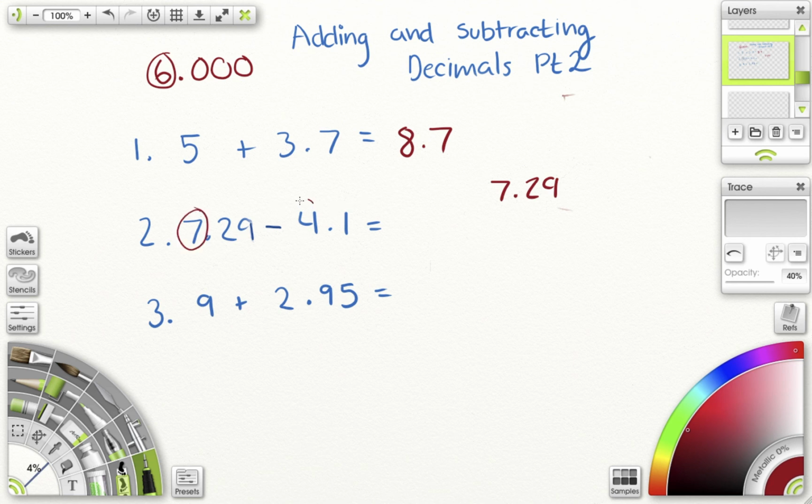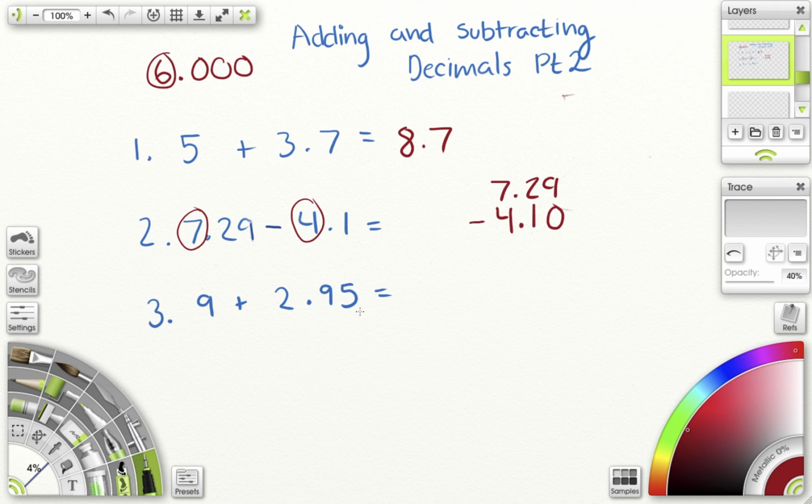So I have 7 and a 4. These are both to the left of those decimal spots. I'm going to put my 4 here, so that way when I put the decimal down, it lines up. And I put 1 there. Now, if I want, I can put a 0 after this one because it's still worth 4.1. The 0 I'm just going to use as a placeholder.